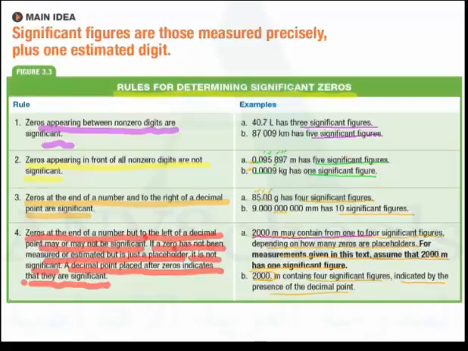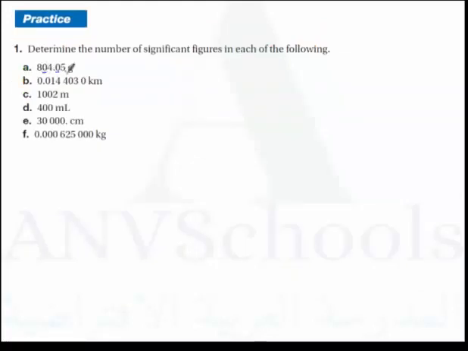That is rule number 1: zeros appearing between non-zero digits are significant. That is why all these are significant. So 1, 2, 3, 4, 5. Number 1A is five significant figures.